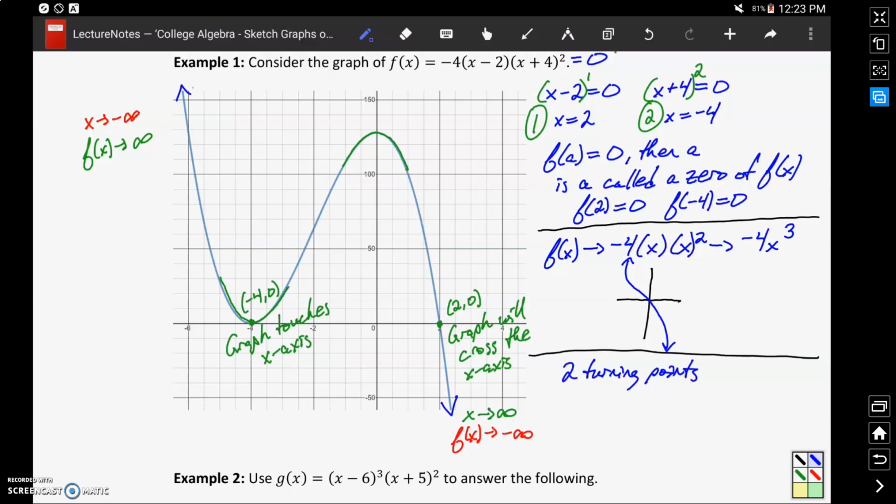which is the maximum number of turning points that this particular function could have, because what we've established just before is that this polynomial is a function of degree 3.